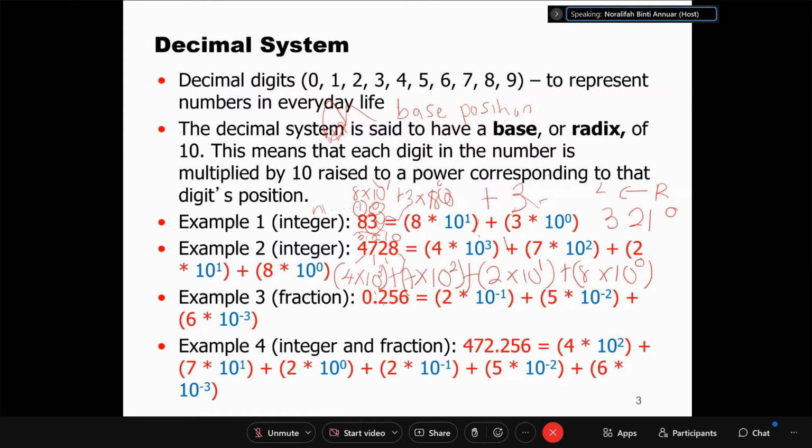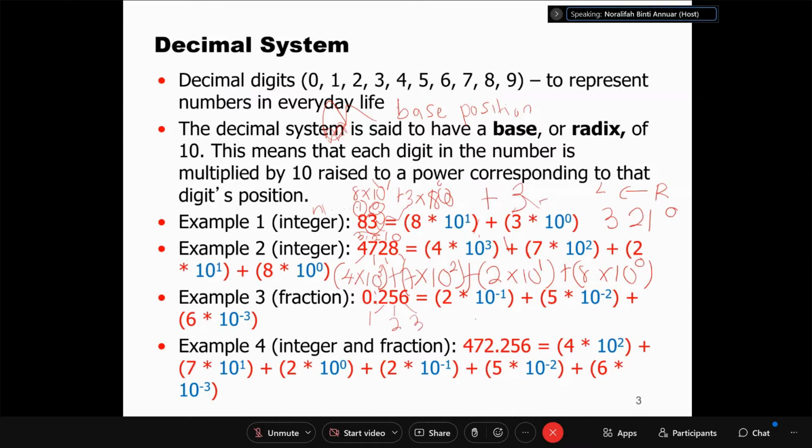So it's the same thing, but now slightly different. The base position now goes from left to right. Just now it was right to left, now from left to right. So you will start with 1, you will not start with 0. For fractions, take note, guys. So 1, 2, 3.